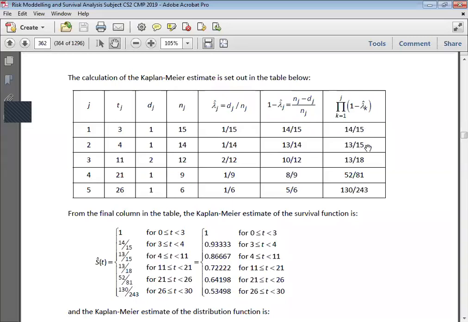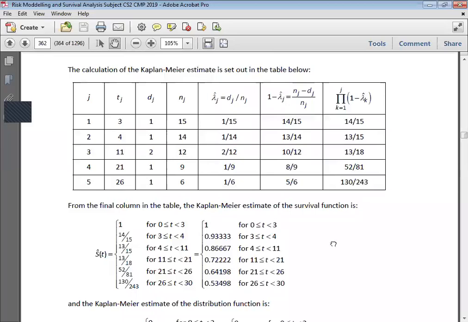This and this multiplied will give you this, and then this and this multiplied will give you this, and so on. Or what you can do is just multiply everything that comes up to and including this particular time to get the actual survival probability for that particular time interval. So these are the numbers that you will get at the end.